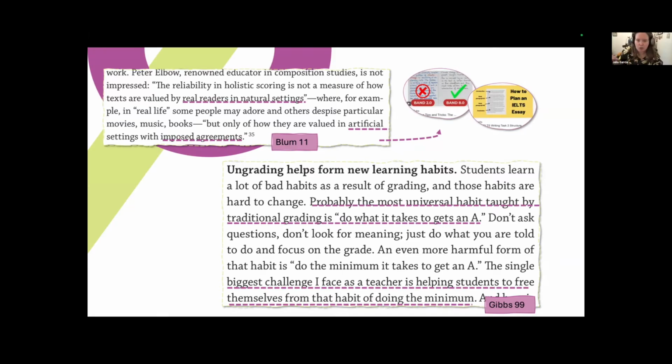So ungrading, according to Laura Gibbs, helped her students go from the mindset of, I need an A, so I'll do whatever it takes for an A, to, I will learn so that my learning will be reflected in that grade that might be an A. So the biggest challenge, she says, that I face as a teacher is helping students to free themselves from the habit of doing the bare minimum.